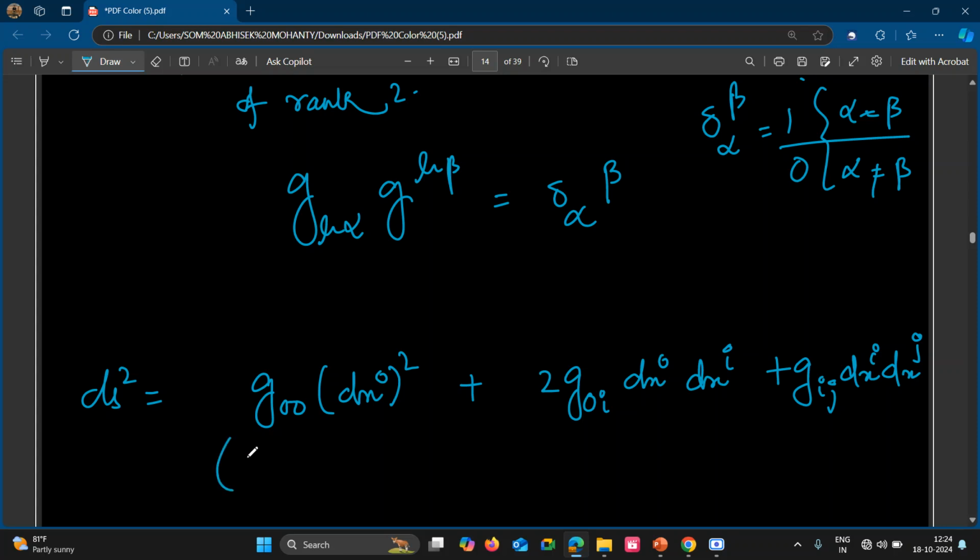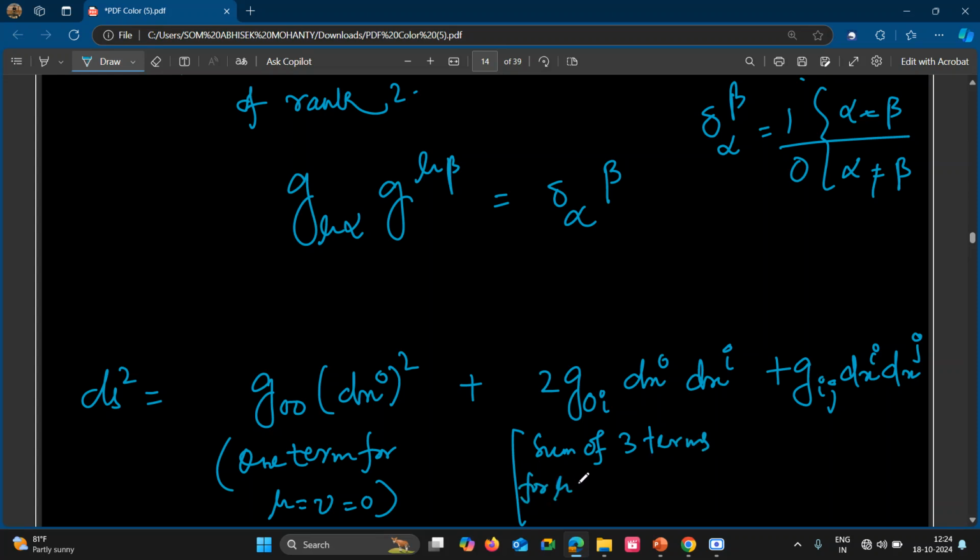So one term for mu equal to 0. This is only one term. This one is the sum of three terms, for mu equal to 0 and nu equal to i, and the factor of 2 is for symmetry.